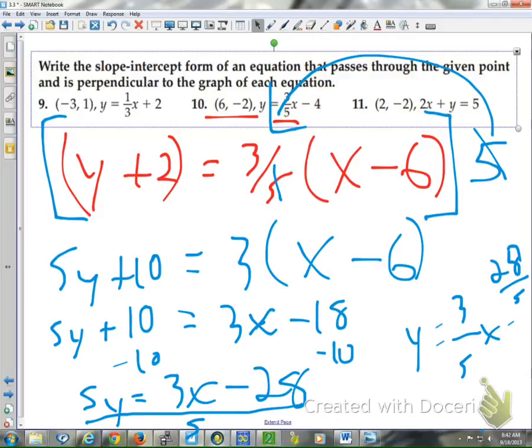When I go from parallel to perpendicular, the only thing on this line that's going to change is my slope, which is going to be what? -5/3. You change the sign, flip your slope. So, does everybody have that who wants it before I erase it? I think I'm just going to undo.